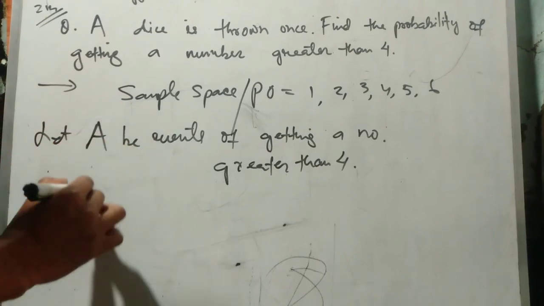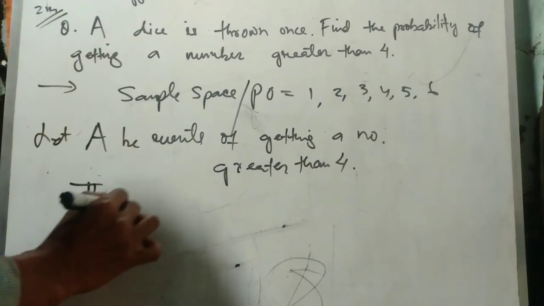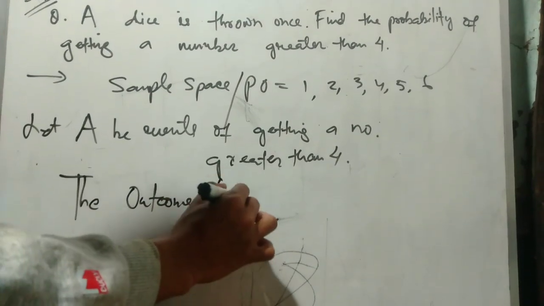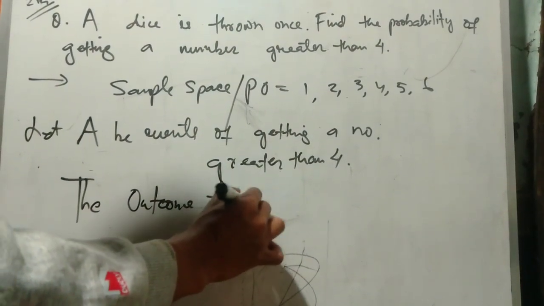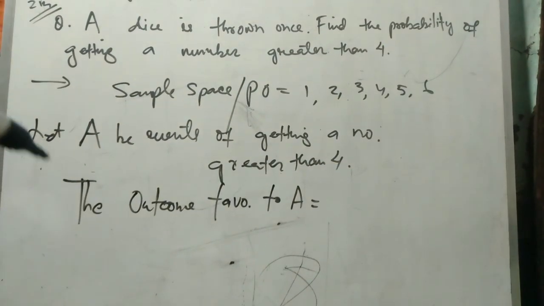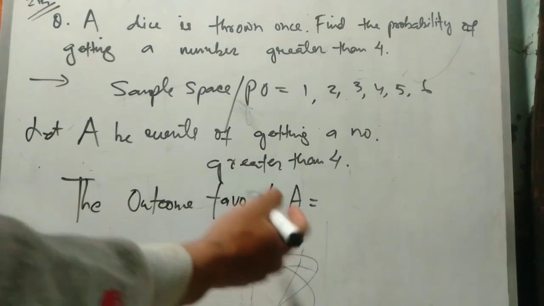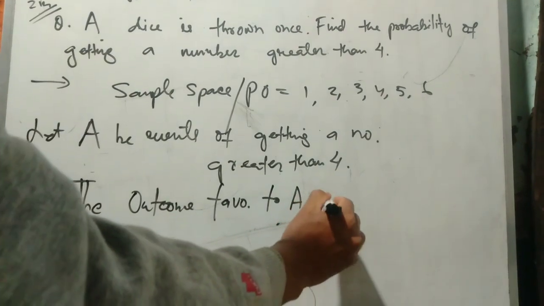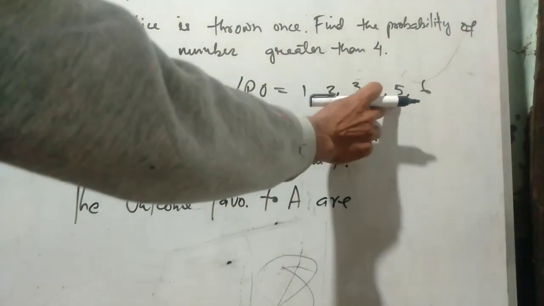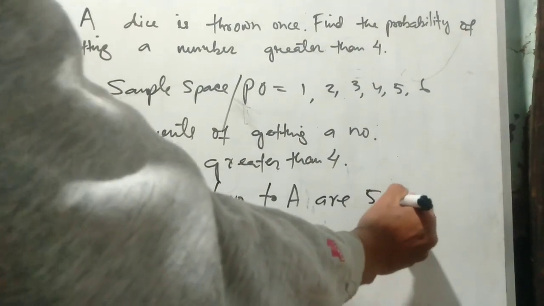Okay, let us see the outcomes favorable to A. The favorable outcomes for A, a number greater than 4, are 5 and 6. That is 5 and 6.